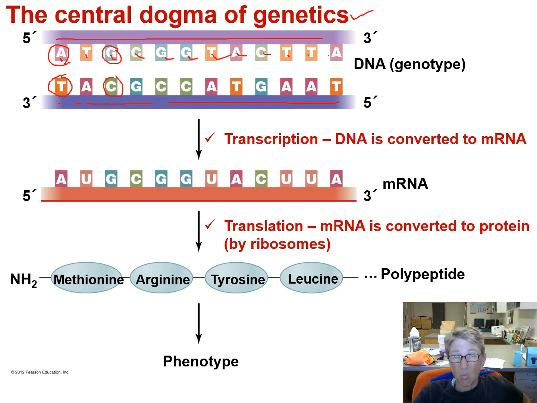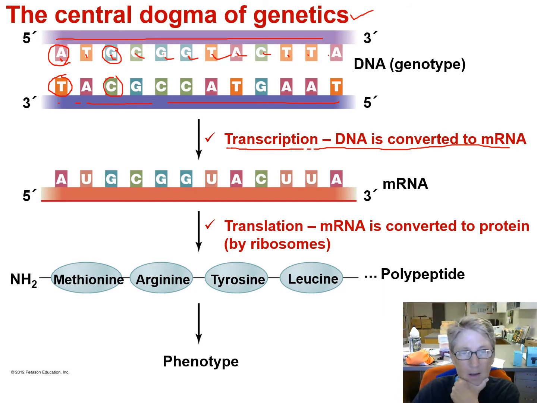So when it's time to make some proteins, first thing you have to do is transcribe DNA into messenger RNA. The strand that you read from DNA, that you transcribe from DNA, would be this strand here.